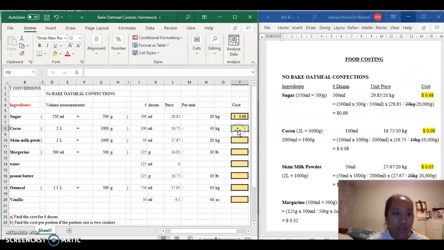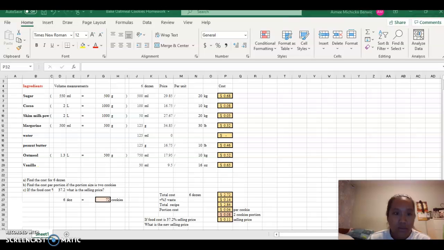We'll just do it for the other ingredients, and that's how you do it. Here I already typed in whatever I have in our paper calculation. So these are all the answers, and that's how you do a recipe costing. Thank you for listening. Bye.